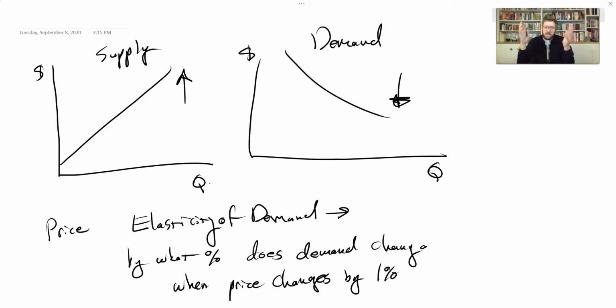Essentially, it's kind of like a measure of slope. As you change one of the axes, what happens to the other? But it's a slope that's defined in terms of percentages. And that's really useful because goods are so different that if we used actual units, it wouldn't be that informative. If you raise the price of cigarettes by $1, that's sort of a large change.